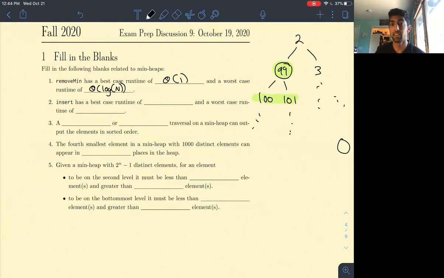So you can see here that it's not always the case that we go down to the bottom of the heap upon a remove min operation. There is a chance, even if the heap has distinct elements, that the number we promote to the top only needs to do 1 swap until it's back in a happy place. Okay, perfect. So let's keep going for the sake of time.